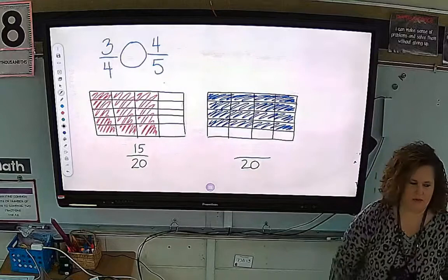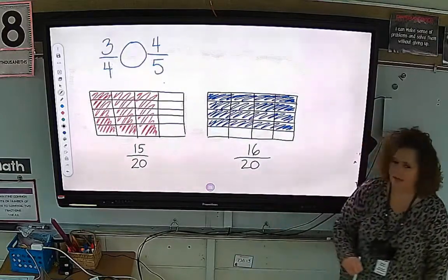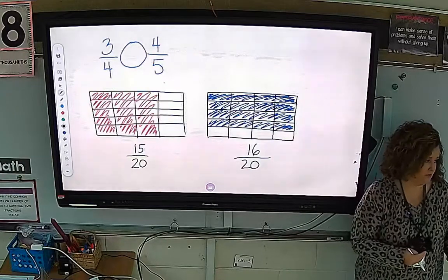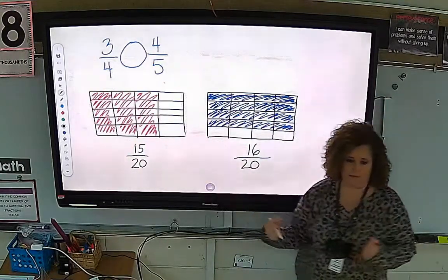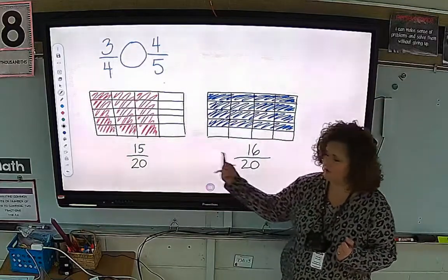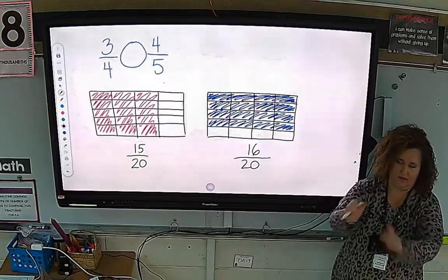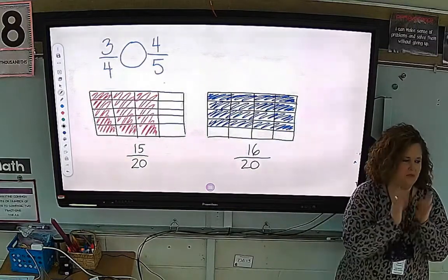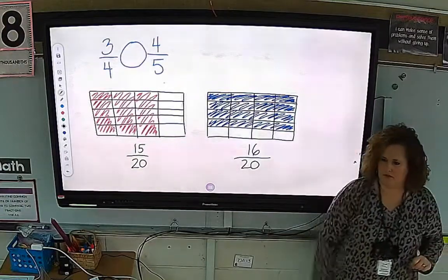What's 4 times 4? 16. Okay. Now we have 2 very large fractions. But what do you notice about our 2 new fractions? It goes 15 and then 16. Okay, but what do you notice about our 2 new fractions in addition to that? They have the same denominator. Mission accomplished.